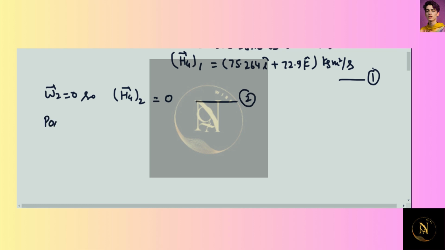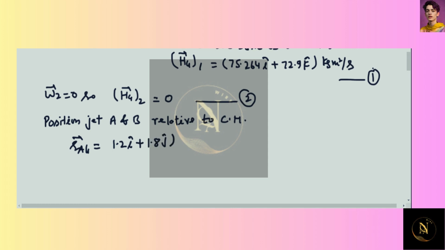Position of jets A and B relative to the center of mass: rAG will be 1.2 i cap plus 1.8 j cap meter, and that of jet B, it would be 1.2 i cap minus 1.6 k cap meter.